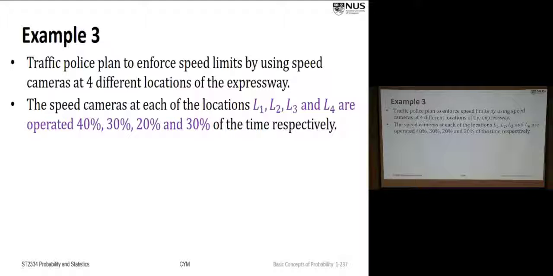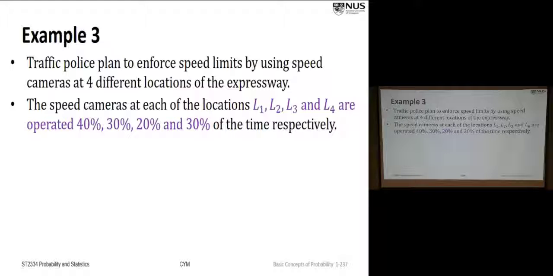So in location 1, L1, it only operates 40% of the time. All right. I don't know how true it is. Maybe in Singapore, don't bet, maybe it operates 100% of the time. All right. So if you speed, then it's speed. They take a photo and find you.